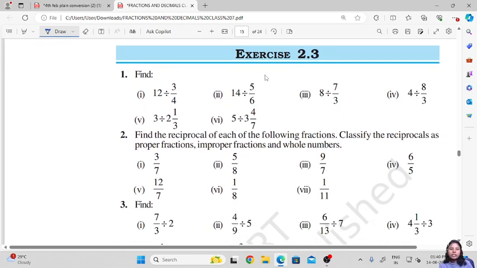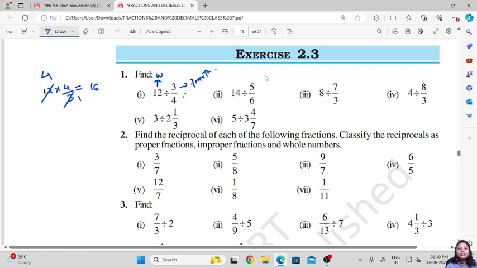Okay, so let's try and solve some of these examples. So here we have the whole number first and then we have the fraction. So here we'll take the reciprocal of the fraction. So we have 12 into 4 by 3. So this 3 you can cancel, 3 1s are 3, 3 4s are 12, this becomes 16.